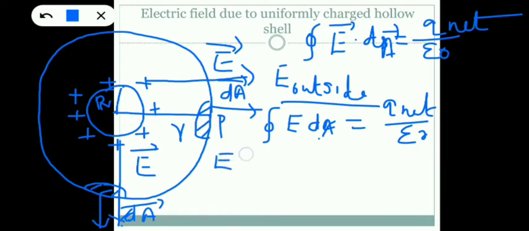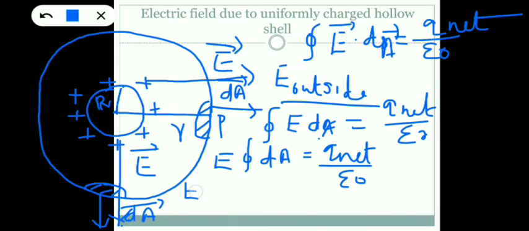So that will be the next step. E into integral dA is equal to Q net by epsilon naught. Next, E into integral dA. When you integrate dA, you know the integral of dx is x. Similarly, integral of dA will be the total area of this particular shell. And what will be the total surface area of the shell?